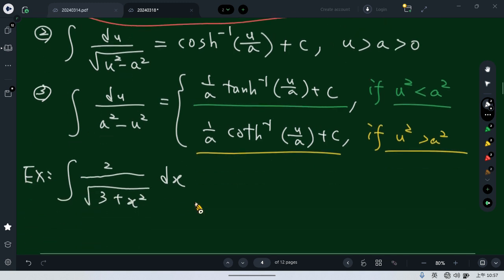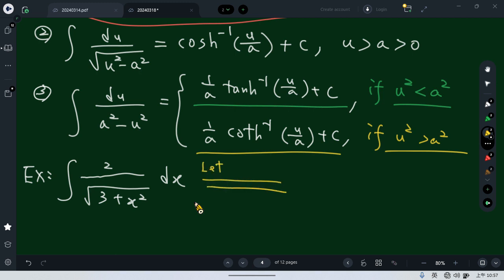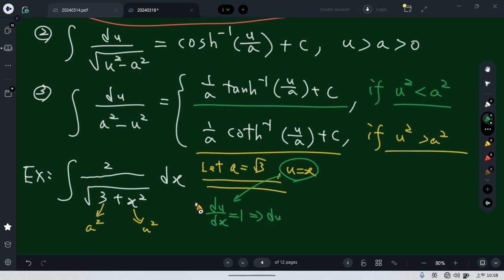When I let a be equal to the square root of 3, then u is x, right? Then we can have this part is a squared, this part is u squared. So once we assign u to be x, then we can immediately get this one. Then du will become dx.